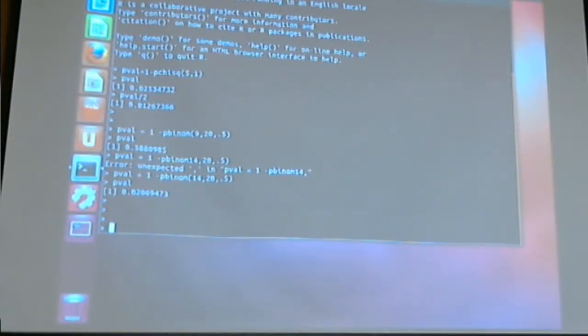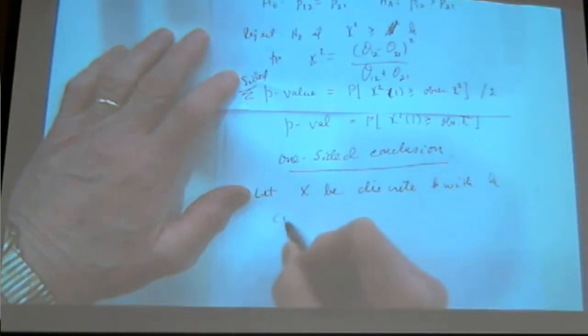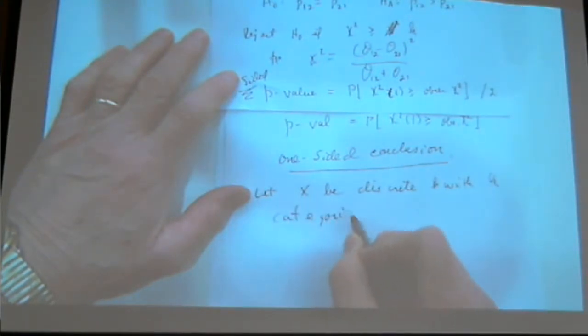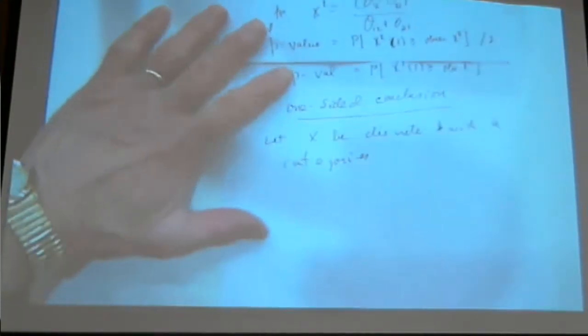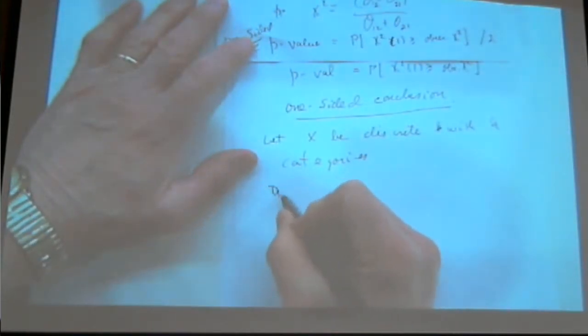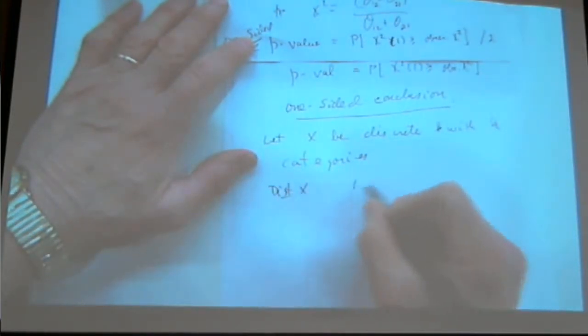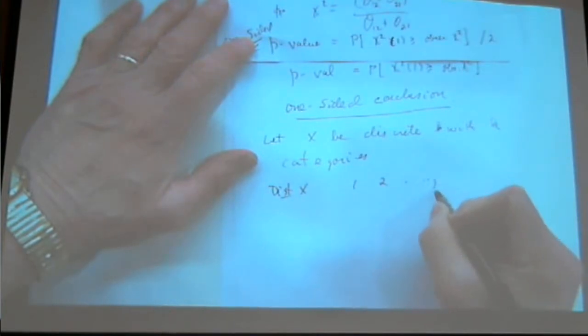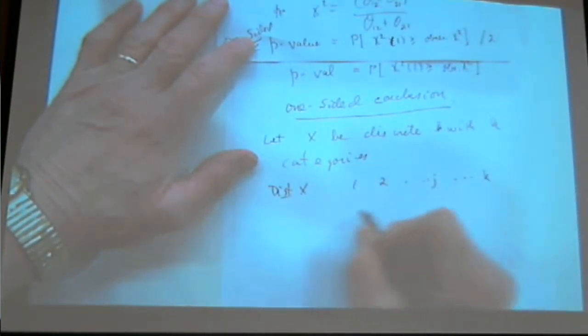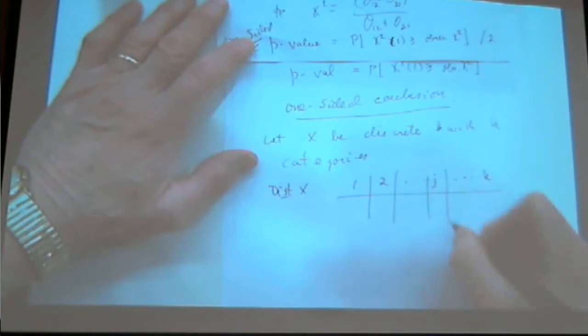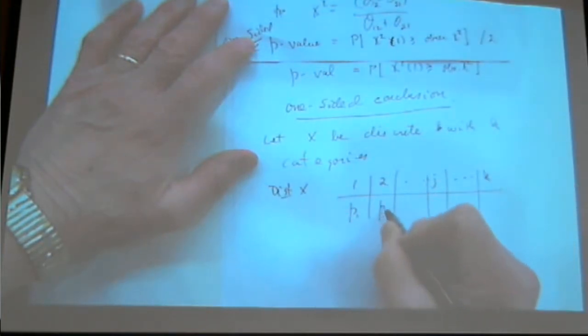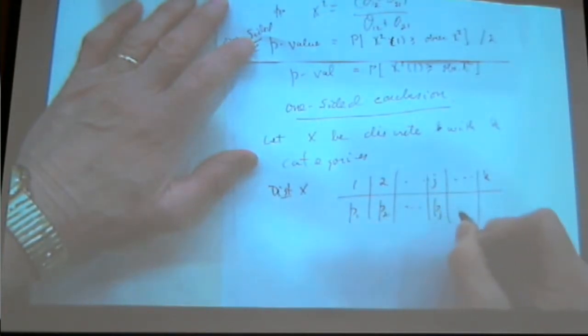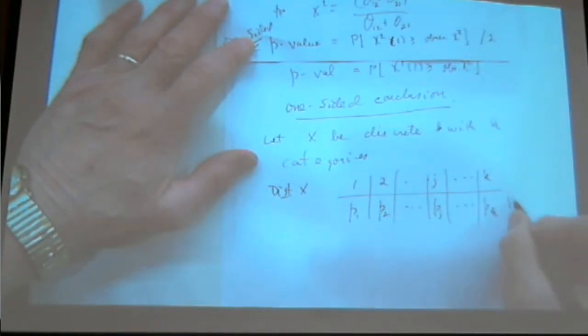So again, it's discrete, right? Categories. And so the distribution of X is, say, category J, and then we have these P's, right? And they have to add up to 1.